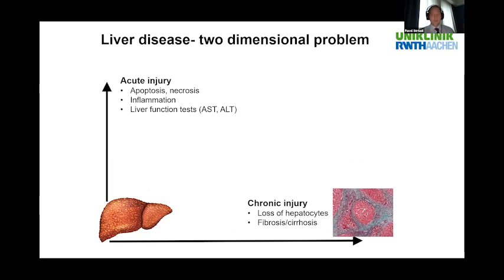The classic biomarkers that we use in the clinic on an everyday basis, even by general practitioners, are the markers of acute injury. These are the classic liver function tests, ALT, AST, or GOT, GPT, whatever you want to call them. This is basically a snapshot showing how happy your liver is in a given moment.